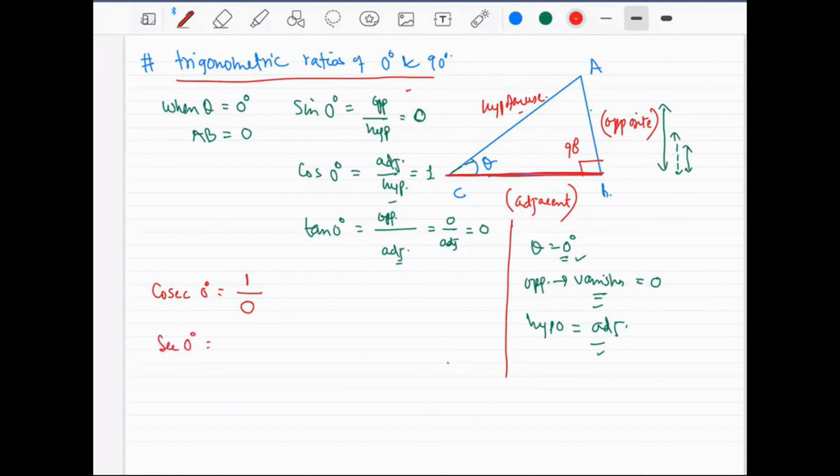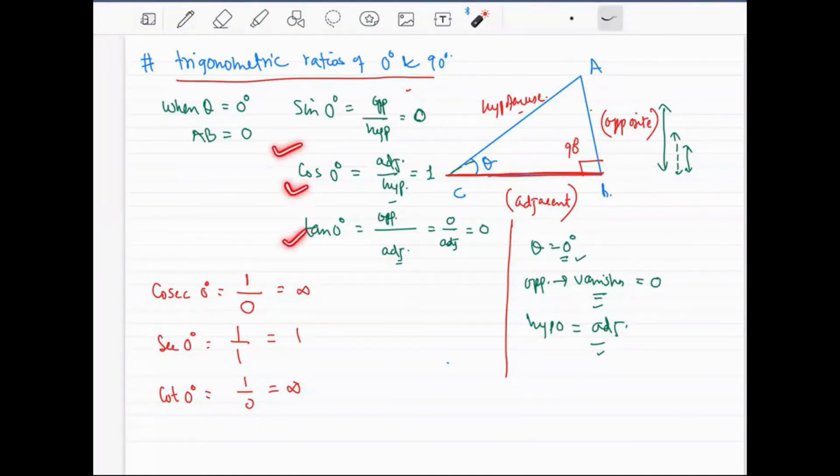Sec is the reciprocal of cos, so we write 1 by 1. What about cot 0 degree? It is the reciprocal of tan. The value of tan 0 is 0, so we have 1 by 0. Any number divided by 0 is infinity. 1 by 1 is 1. 1 by 0 is again infinity. So you write this down: the 6 values.